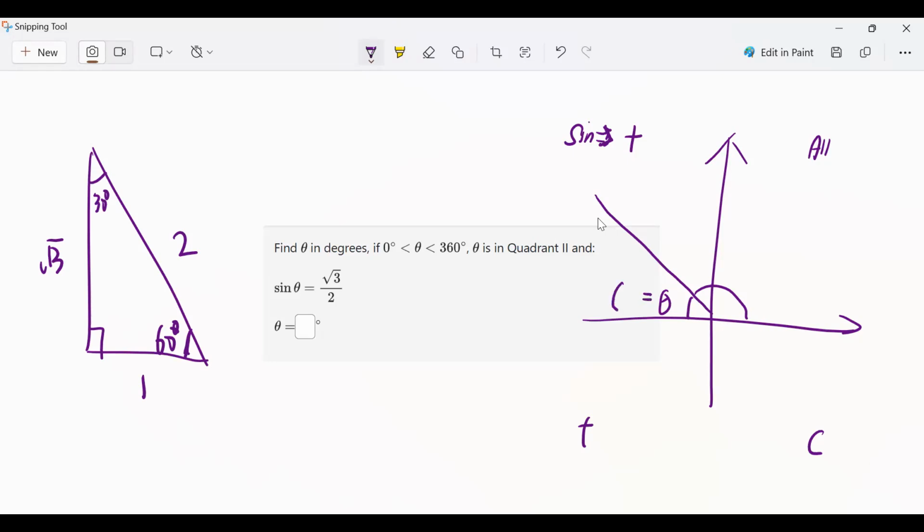So theta equals 60 degrees. Now from there, we just use 180 degrees minus 60 degrees, which equals 120 degrees, and the answer will be 120 degrees. Any question about this?